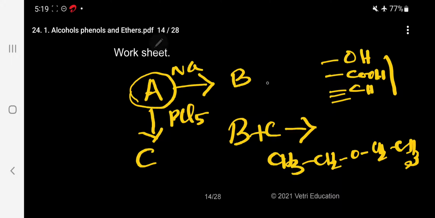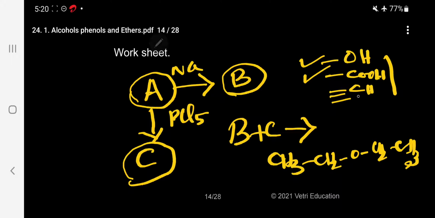That is, B will be the sodium salt of A. Whereas when treated with PCl5, it gives correspondingly C. Normally, only an alcohol with an OH group will react, so the alkyne is not in the picture. So only OH or COOH is possible. So A should be either alcohol or acid.